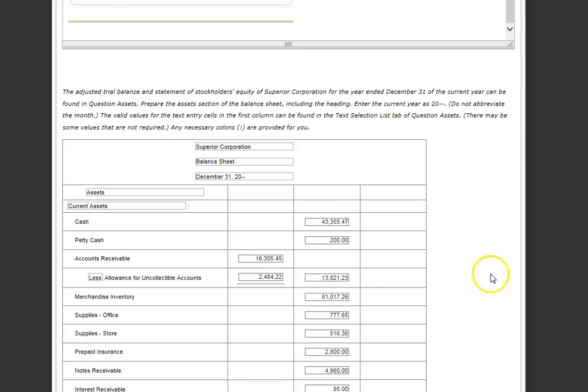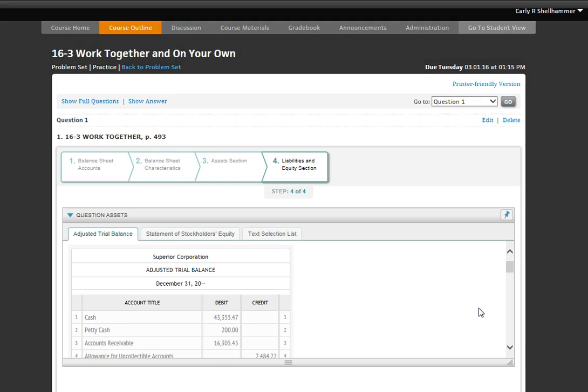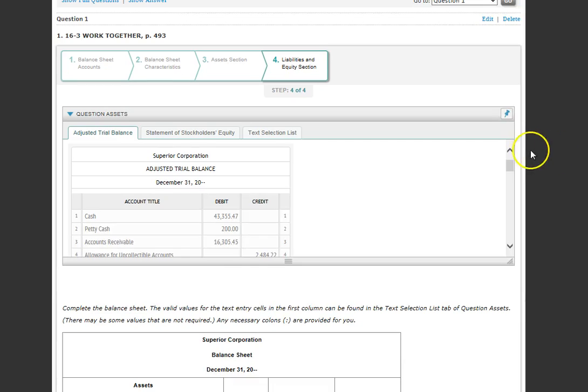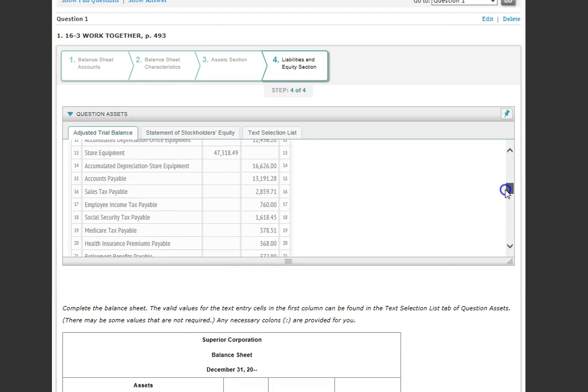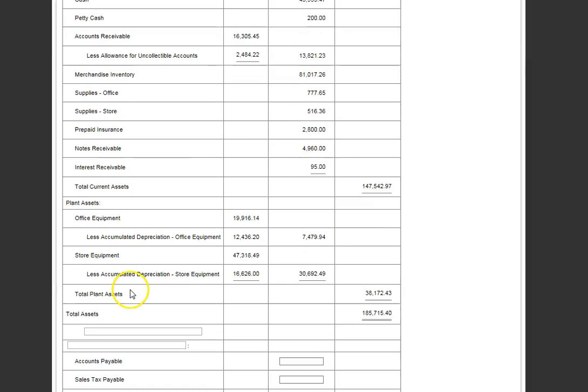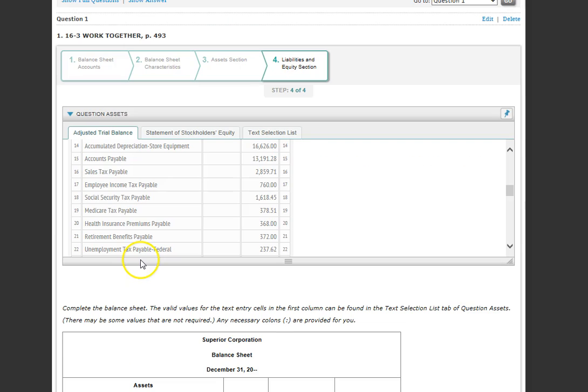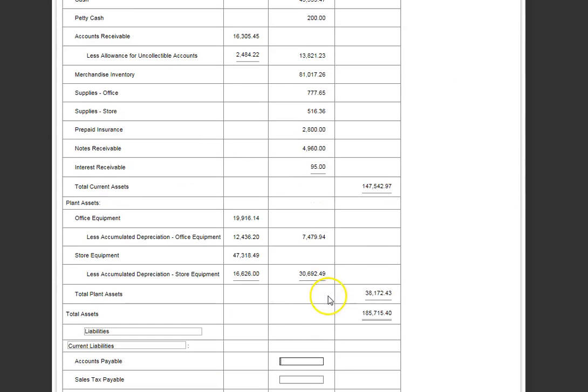Now let's do the liability. Okay, we finished the assets page. Now we're moving on to the liabilities section. And we'll start with current liabilities. Accounts payable, 13,191.